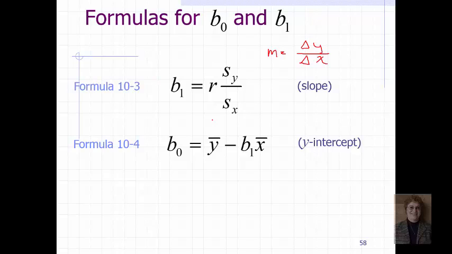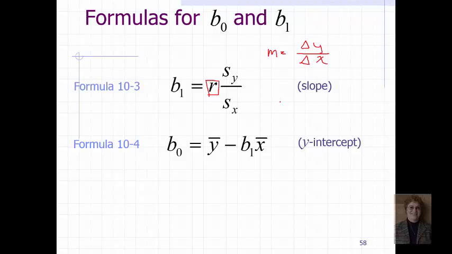Notice the slope of our line of least squares regression is our standard deviation of y over our standard deviation of x, and that ratio is taken times r. So the sign of r will always be the sign of our slope. Remember when we said r was positive, we had a positive relationship, so we'll have a positive slope.